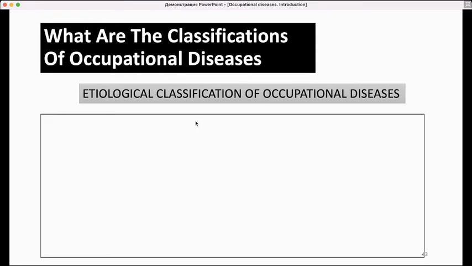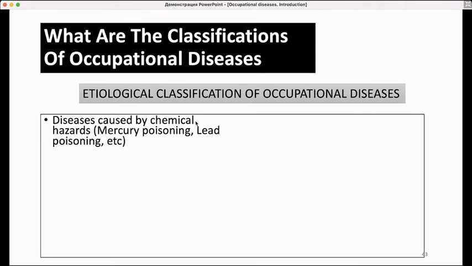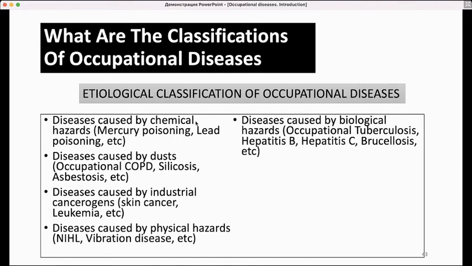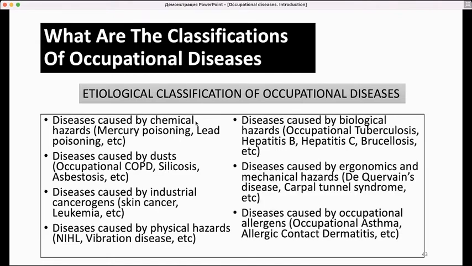The second classification classifies all the diseases by their etiology. For example, in the group of diseases caused by chemicals, we have such disorders as mercury poisoning or lead poisoning.